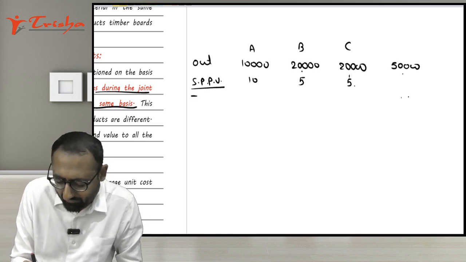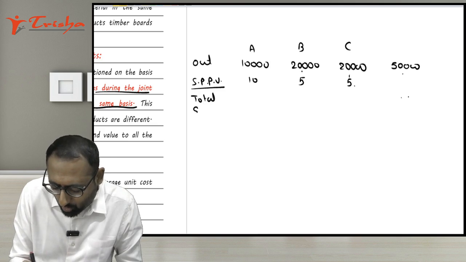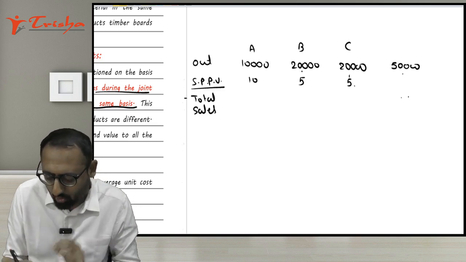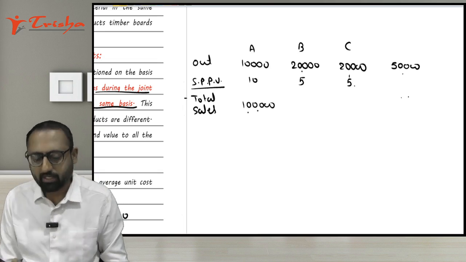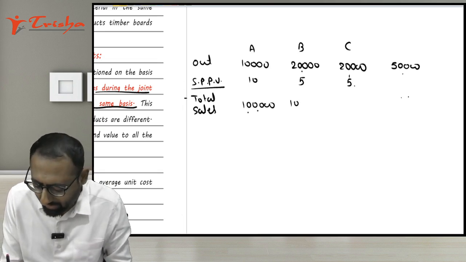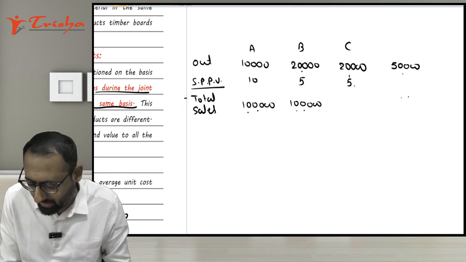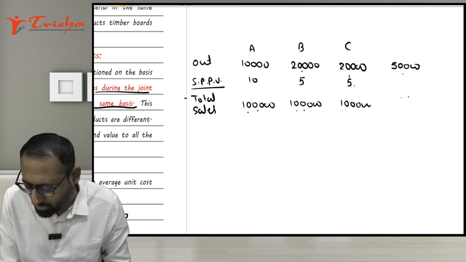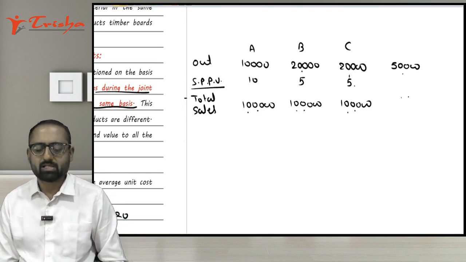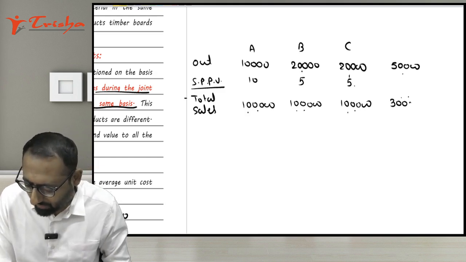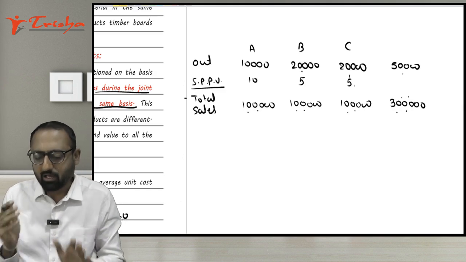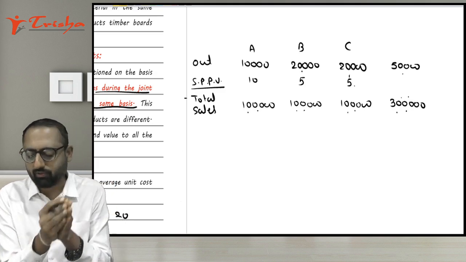Then total sales value for product A will be 1 lakh. Right, guys? For product B, it will again be 1 lakh. And product C, it will be 1 lakh. So total sales value at the split off point will be 3 lakhs. So the joint cost will be allocated in the ratio 1:1:1.